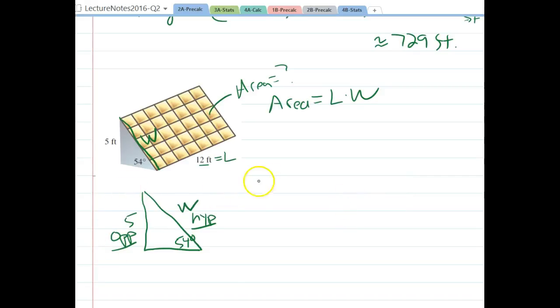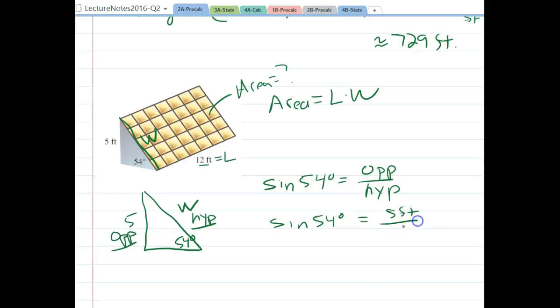And that is the sine function. So I write sine of 54 degrees is the opposite over hypotenuse. My opposite side is the 5-foot side. My hypotenuse is the unknown width, or W.